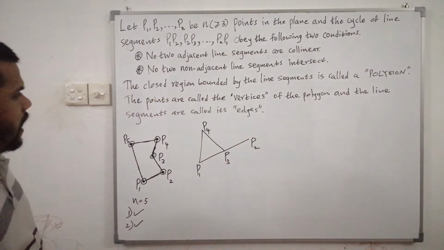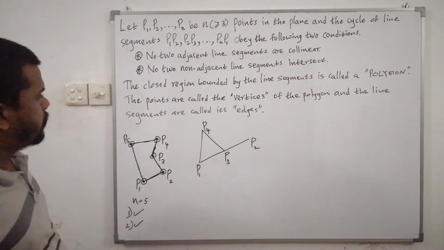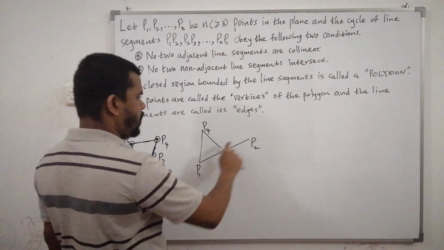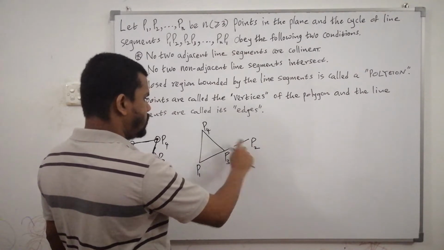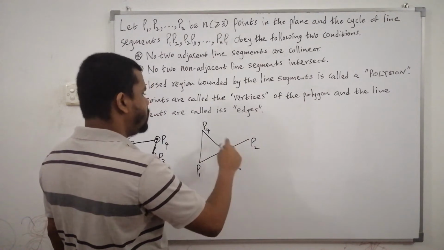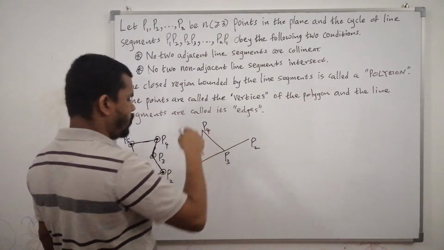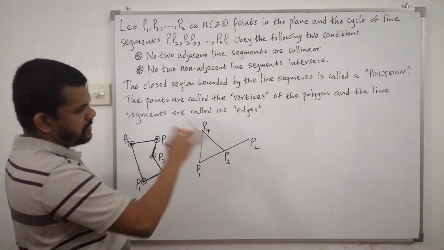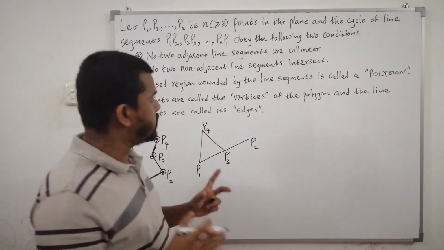Now we have 4 points, P1, P2, and the line segments are P1P2, P2P3, P3P4 and P4P1.